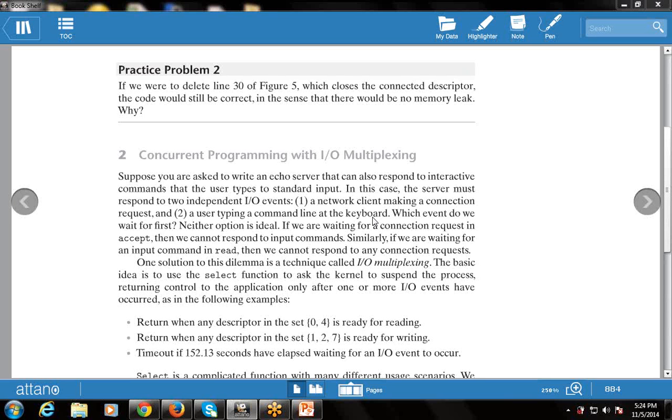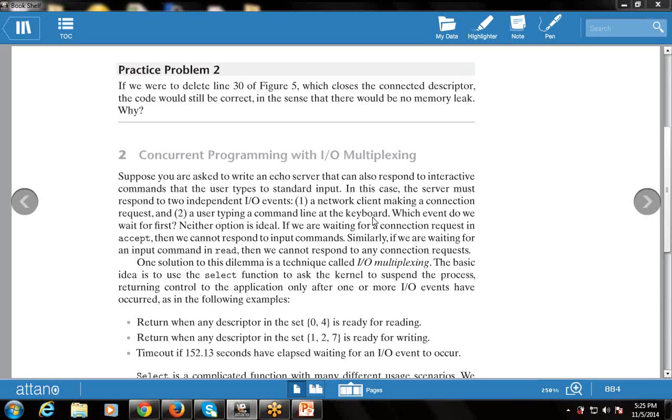The basic idea is to use the select function to ask the kernel to suspend the process and return control to the application only after one or more input-output events have occurred, as in the following examples.